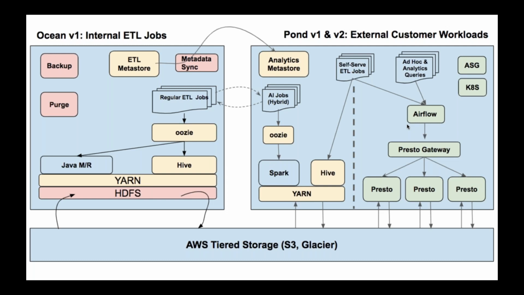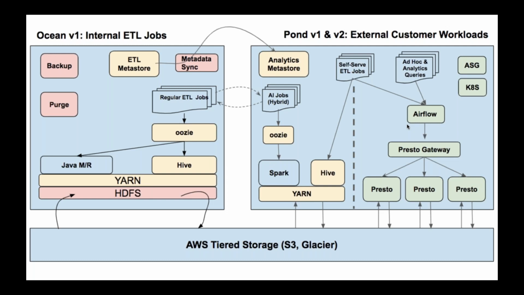One major problem is the tech stack was very old. You can see these are two of the compute clusters where we run different workloads. The left-hand side is running ETL workloads, and the right-hand side is primarily running analytic workloads, ad hoc queries. So these two clusters are sitting on top of S3.